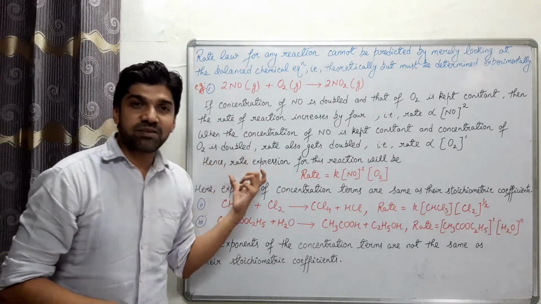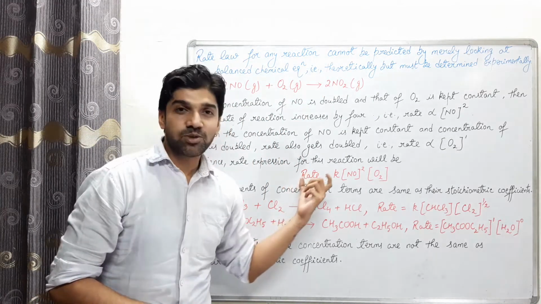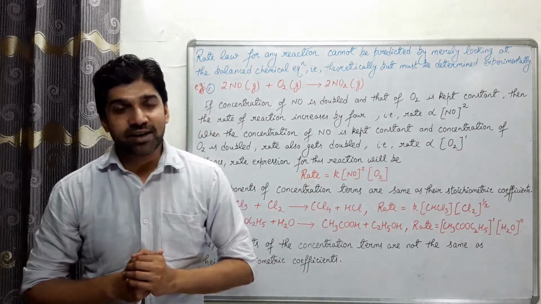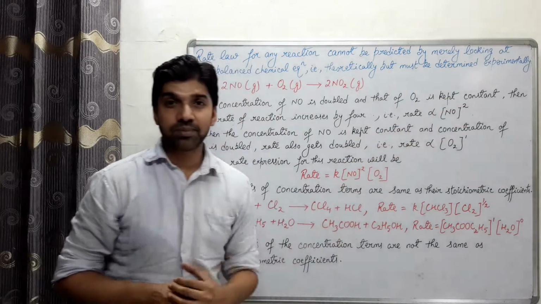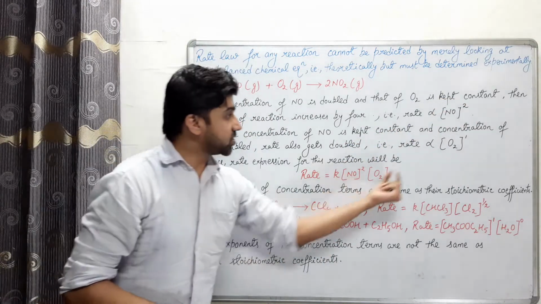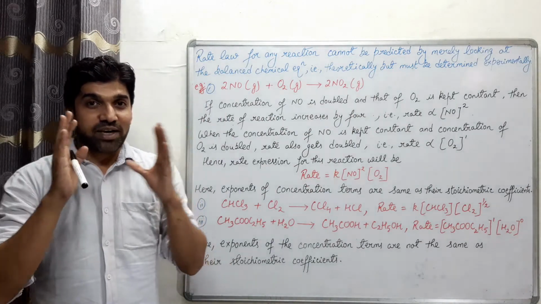The rate expression for this reaction is: rate equals k into the molar concentration of NO to the power 2 into the molar concentration of O2 to the power 1. Now see very, very carefully.